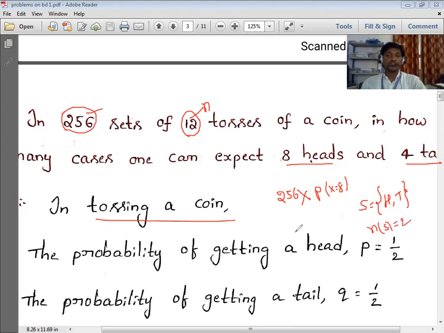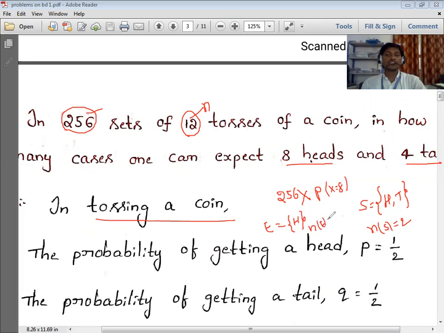Next we have to find the probability of getting a head. Let E be the event of getting a head. An event is a subset of the sample space. For getting a head there is only one possibility, that is head. So n of E is equal to 1.